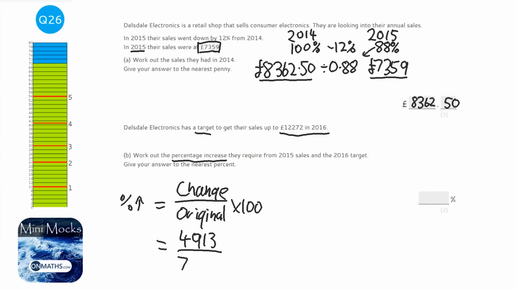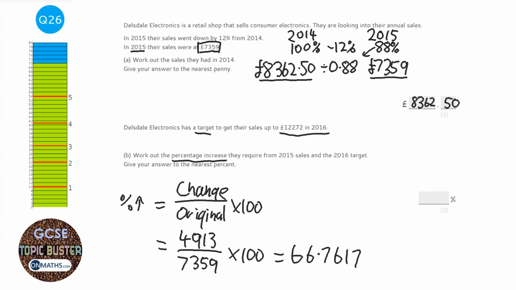The original was 7,359, and we need to times by 100. So I'm going to divide that by 7,359, times it by 100. And that gives me 66.7617 and so on. To the nearest percent, that's going to be 67%.